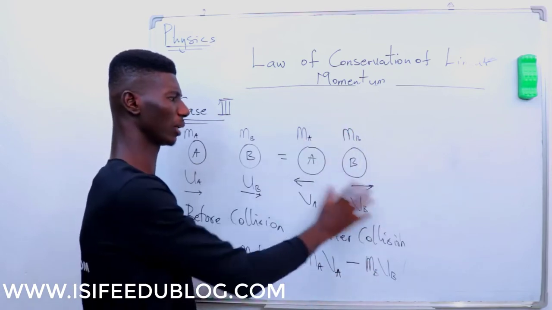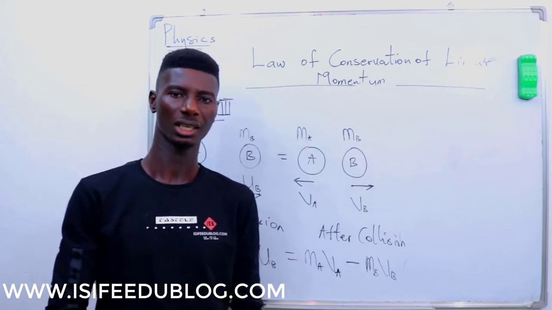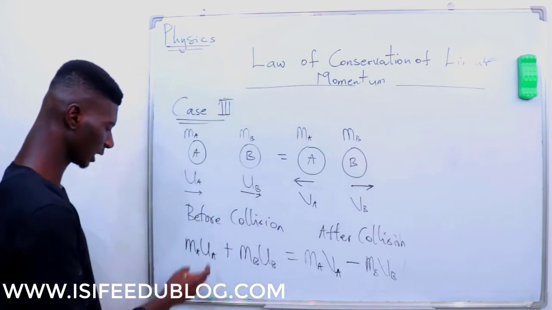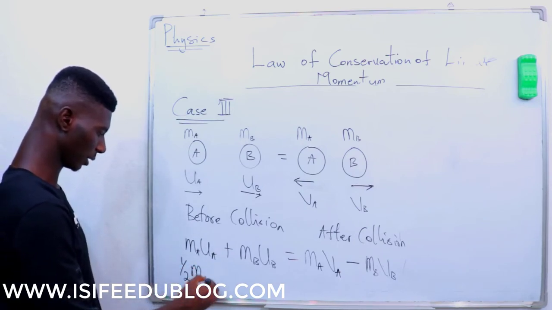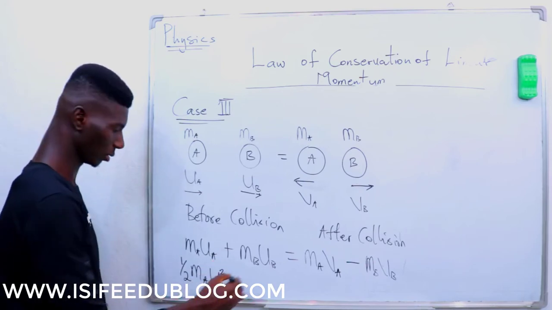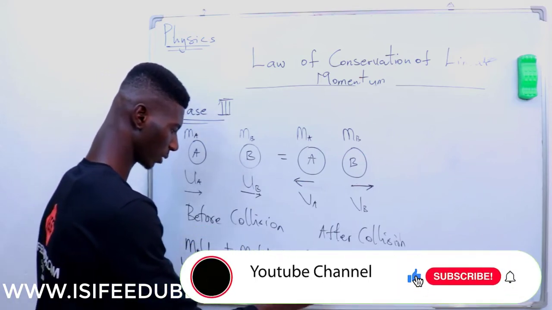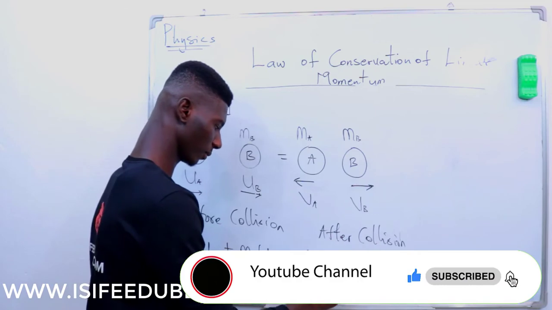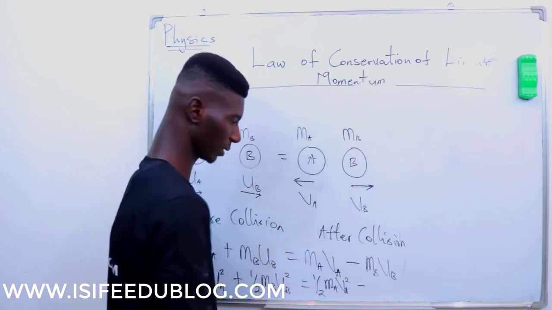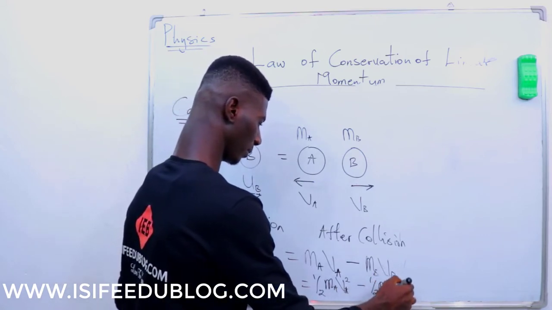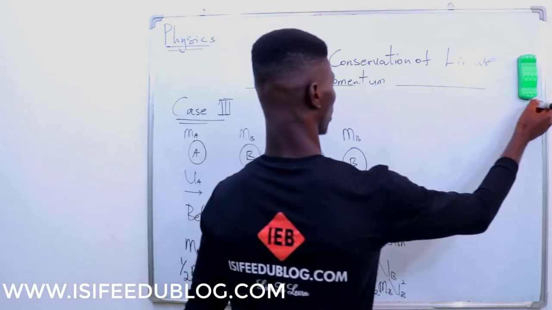Be very careful. Now because they separated, it is elastic collision, so what do you think will be our kinetic energy before and after collision? So the kinetic energy is simply, just put half, half mA uA squared plus half mB uB squared will give us half mA vA squared minus half mB vB squared. Now, you can equally expand it.